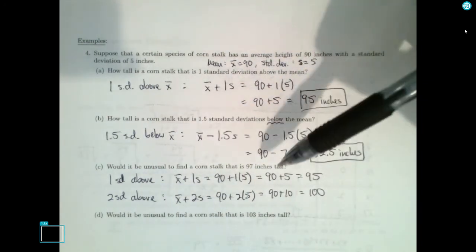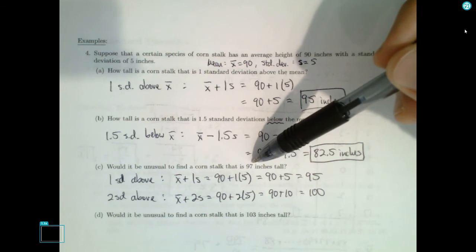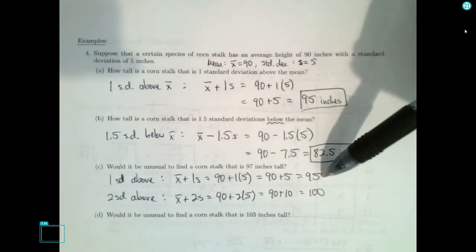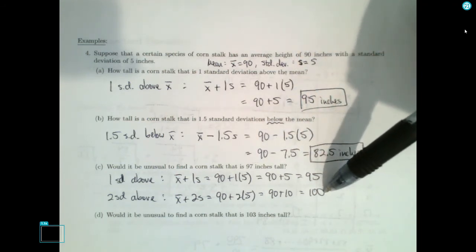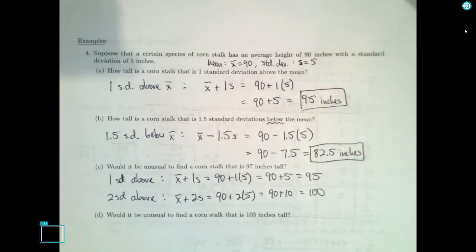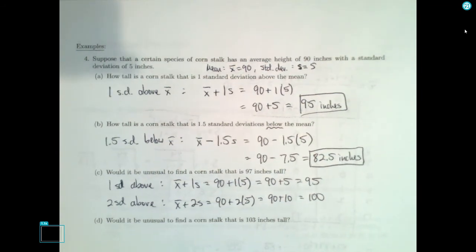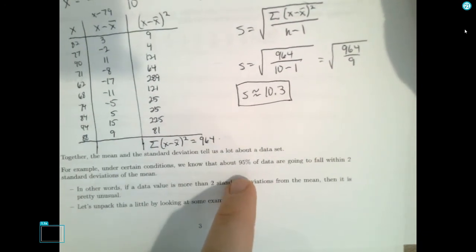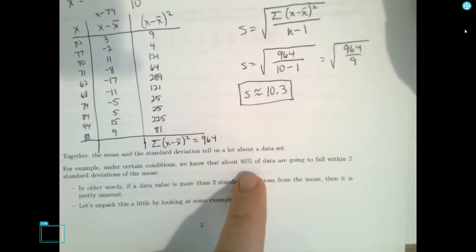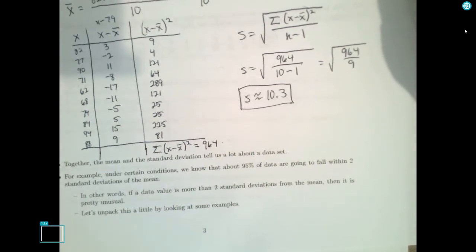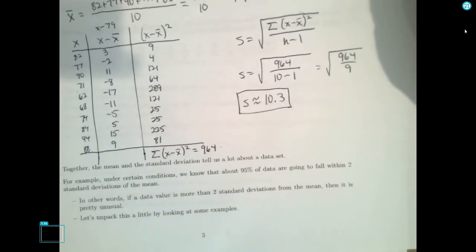Okay, so if you're 97 inches tall, then you're somewhere between one standard deviation and two standard deviations above the mean. We don't really consider that to be too unusual, right? Because again, we know that about 95% of the data are within two standard deviations of the mean.